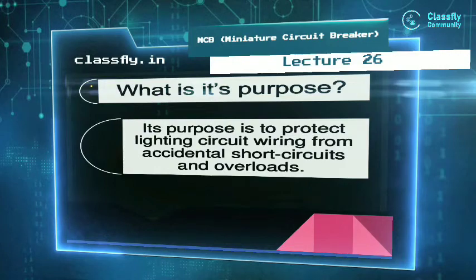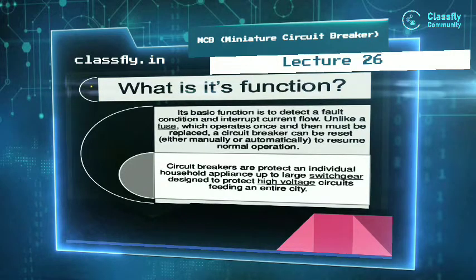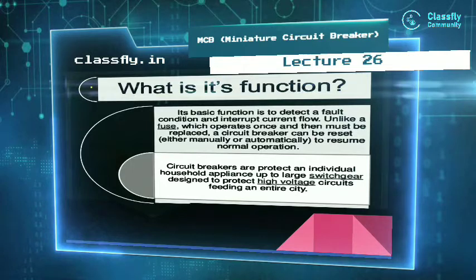So its work is to protect against short circuits and any overload happenings, okay. Now what is its function? Its basic function is to detect a fault condition and interrupt current flow. As I told you, its work is similar to the fuse. It will interrupt the current whenever it finds any condition which is not working properly.